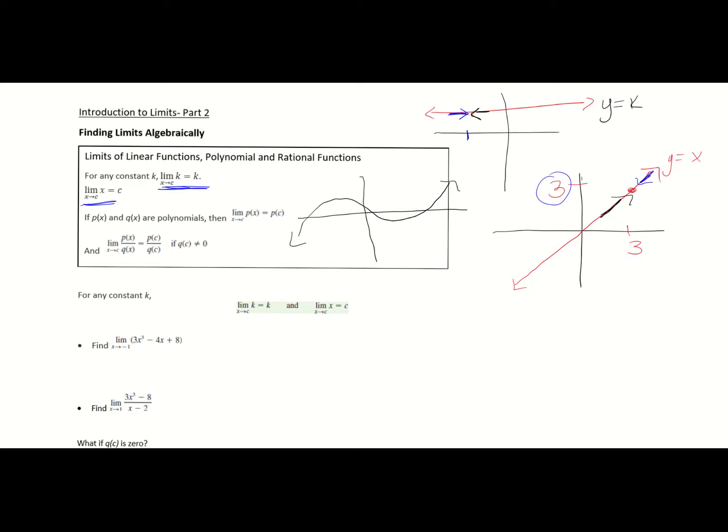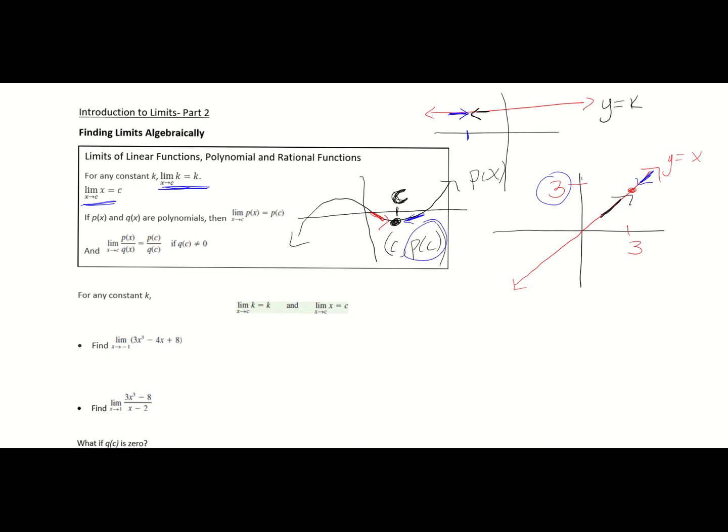So if I pick an x here, right, and this is my function p of x, I'm sorry, let me pick a c here, then this point on the graph would be c comma p of c. But I know because the function is nice and smooth and continuous that if I take the limit from the left and I take the limit from the right, it's just going to be the point on the graph.